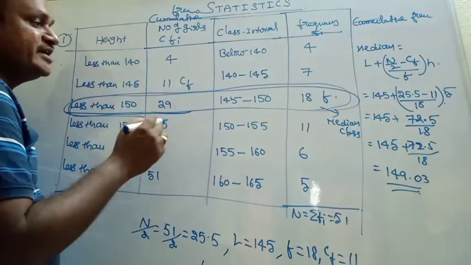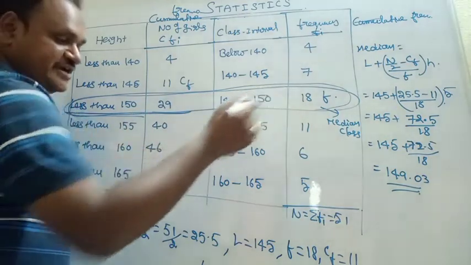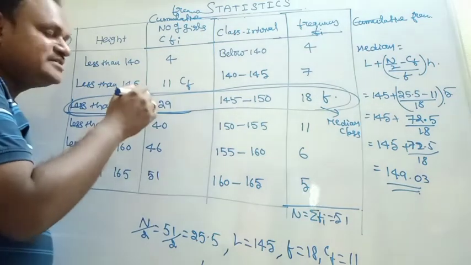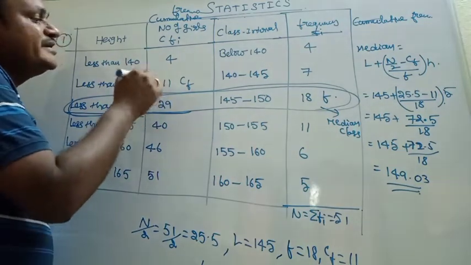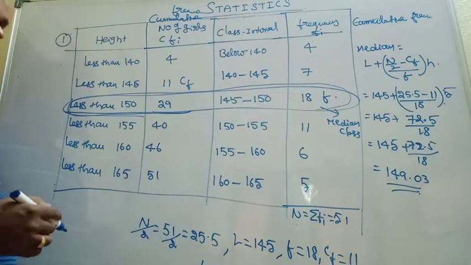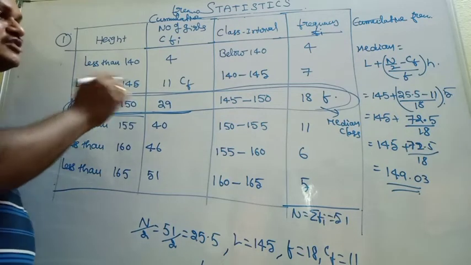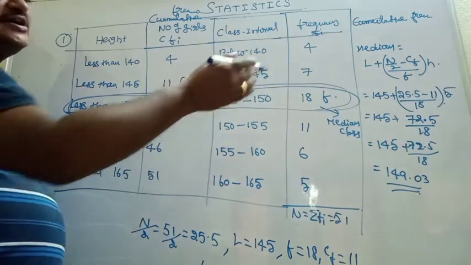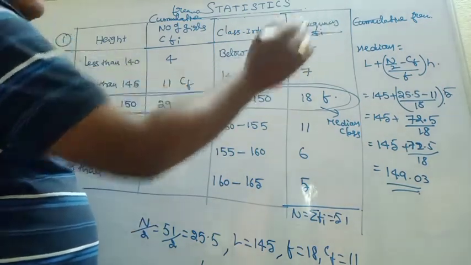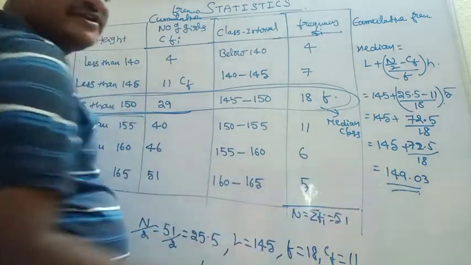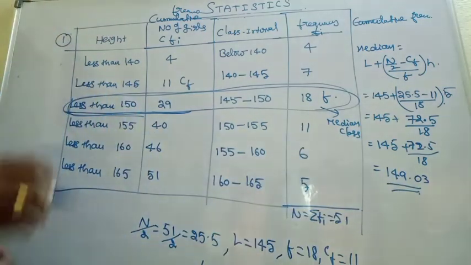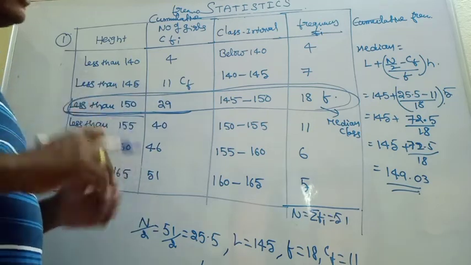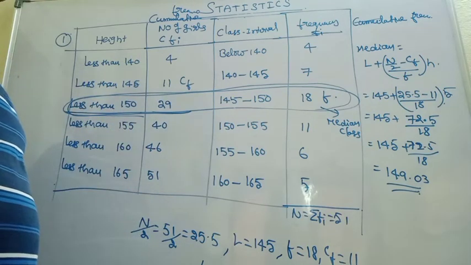F is equal to 18, and CF is the cumulative frequency of the class preceding the median class, that is 11. H is the length of the class interval, that is 5. By putting all those values in the formula and simplifying, you will get 149.03 as the median. In this way we get this beautiful problem.